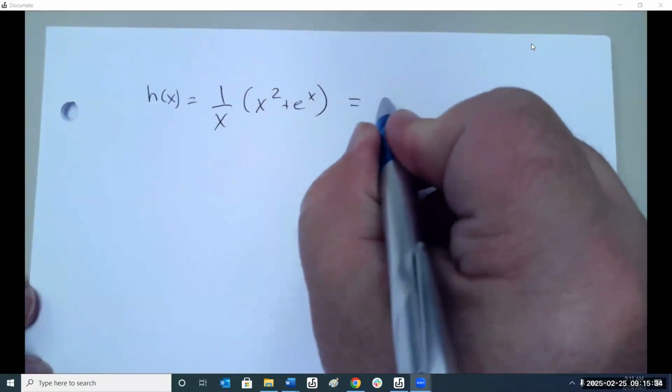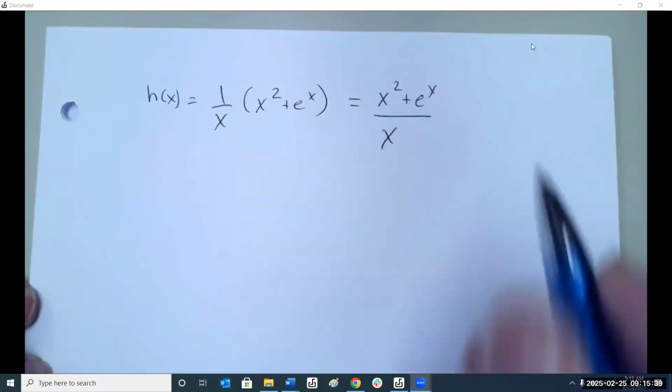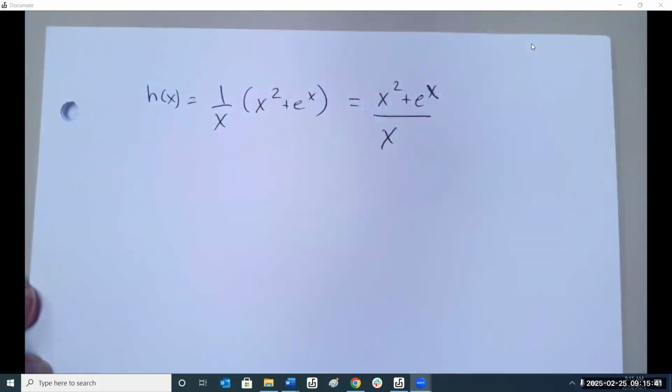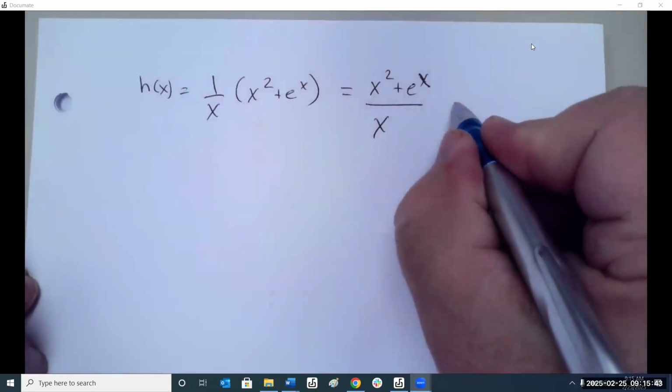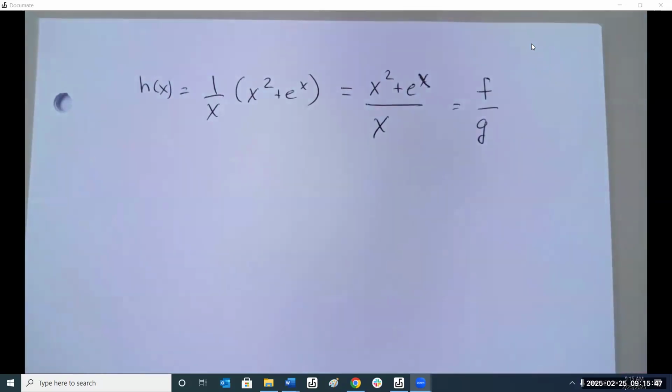And that becomes x squared plus e to the x over x. The top is f and the bottom is g.